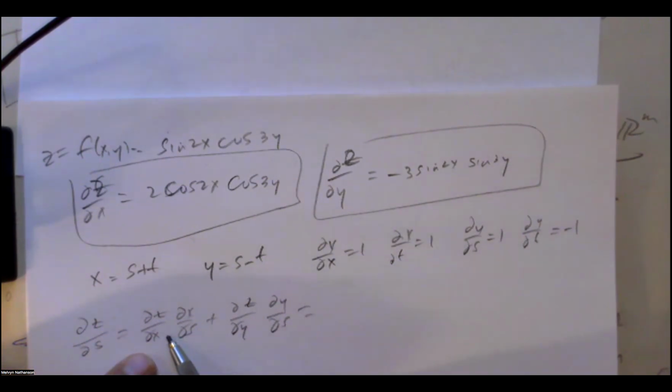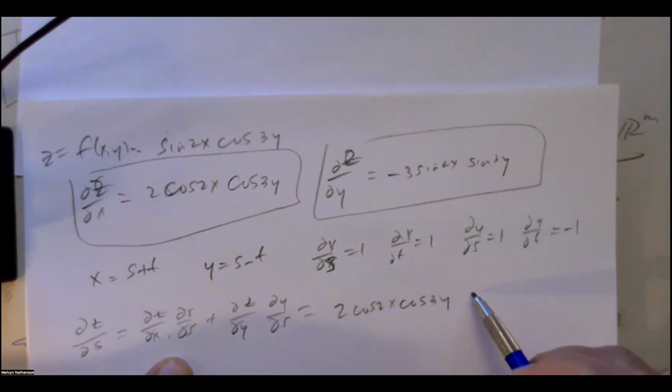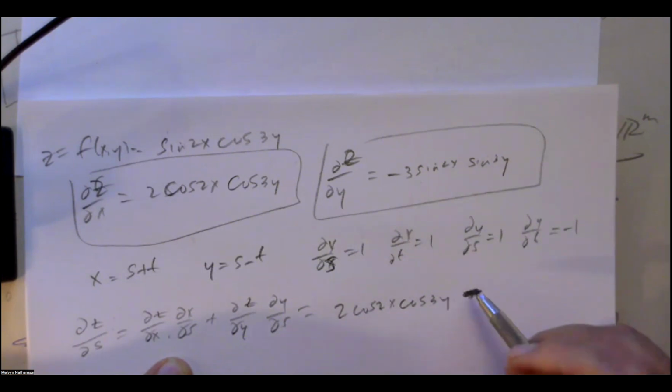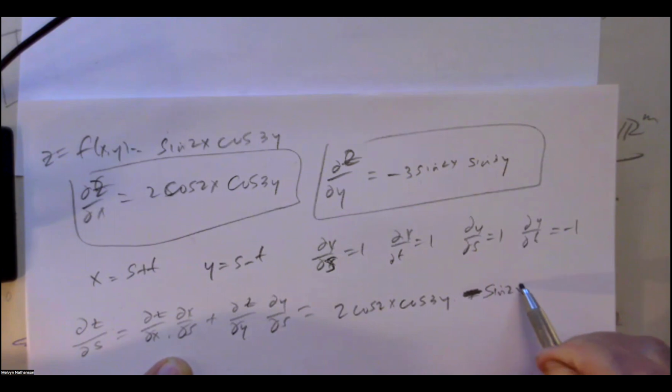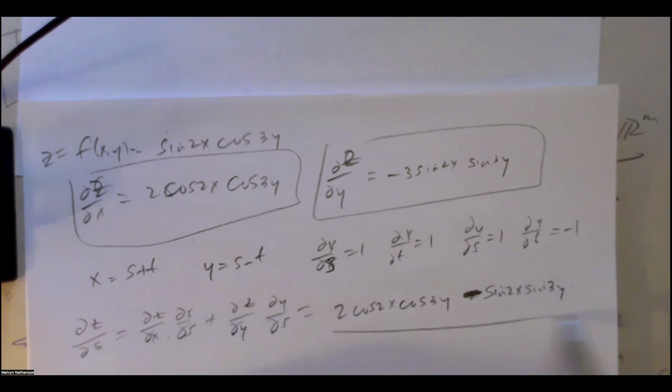Partial z with respect to x, here it is, 2 cosine 2x cosine 3y times the partial of x with respect to s, which is 1, plus the partial of z with respect to y, here it is, minus sine 2x sine 3y times the partial of y with respect to s, which is 1. So this is the partial derivative of z with respect to s.